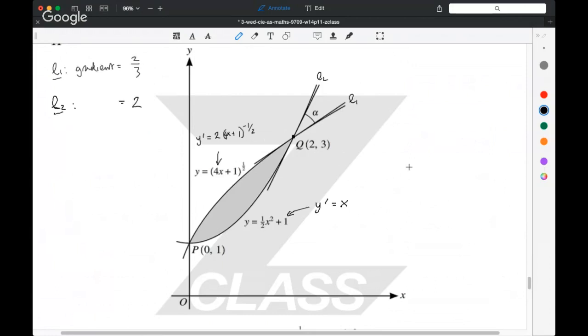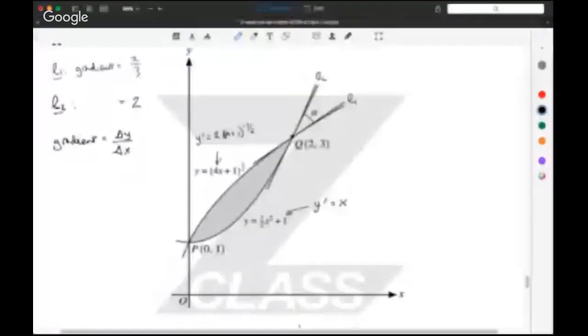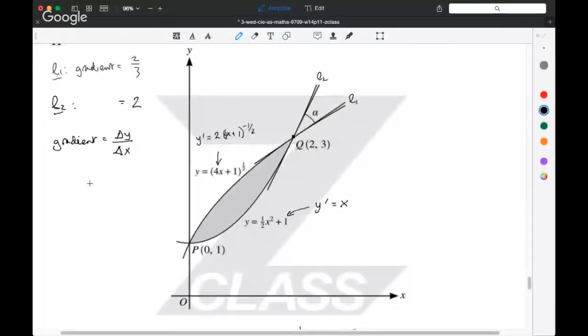Gradients are just a change in y over change in x, right? For a straight line. That's a delta, meaning change in. And so I can use this to think about a vector that is along L1.